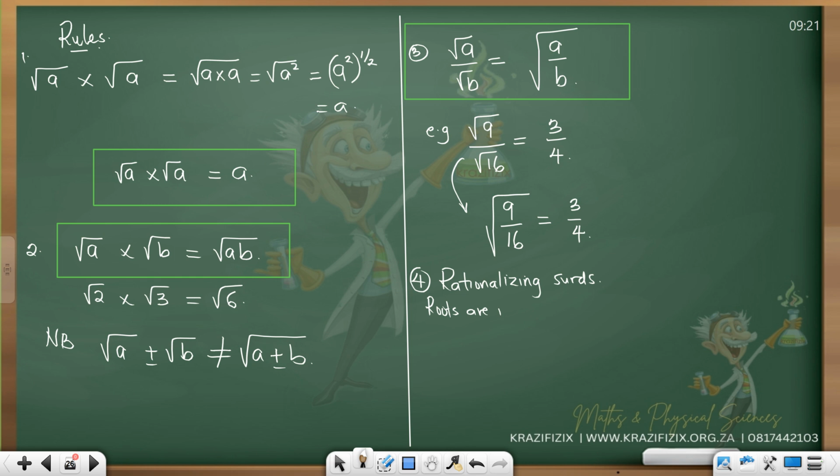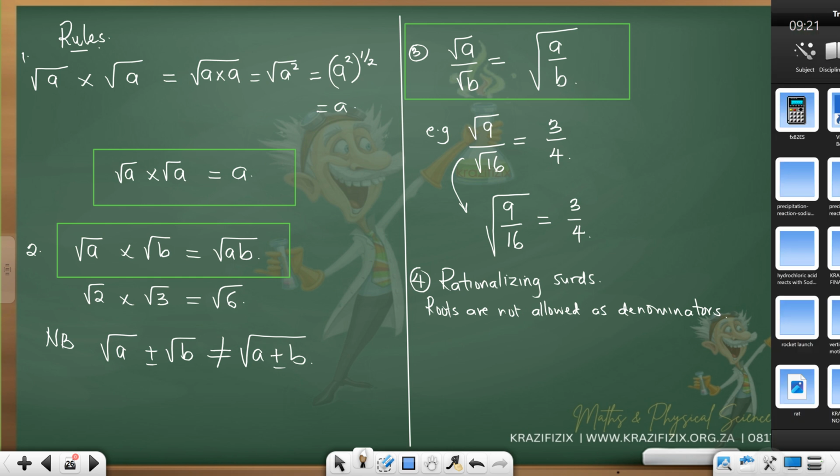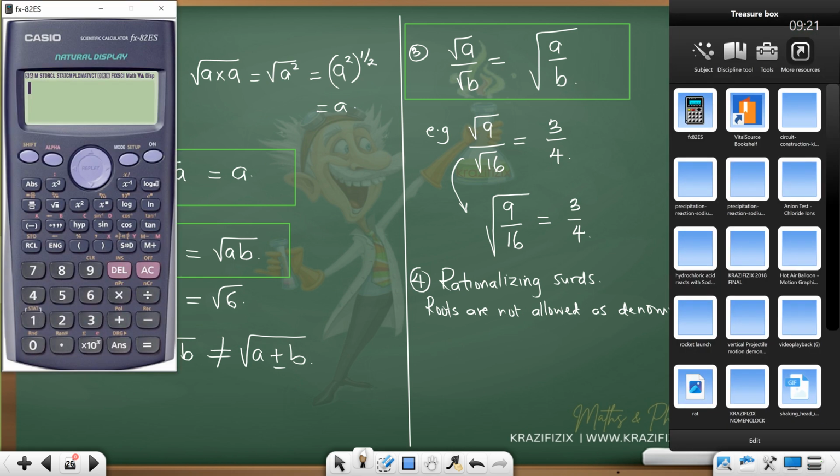Roots are not allowed as denominators. That's why if you punch 1 over root 2 in your calculator, it will solve it, because your calculator will not allow that.